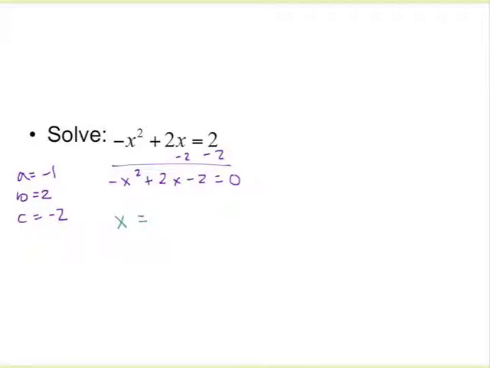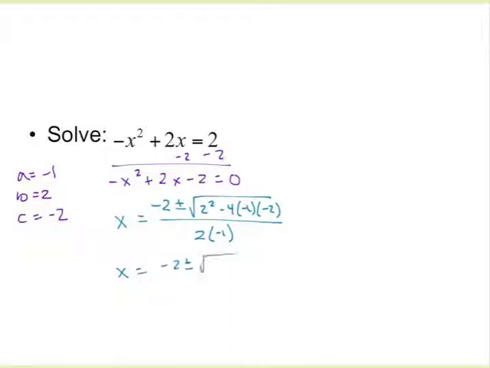I plug it in. X equals -b plus or minus square root of b squared minus 4ac divided by 2a. And I begin evaluating inside of that square root.